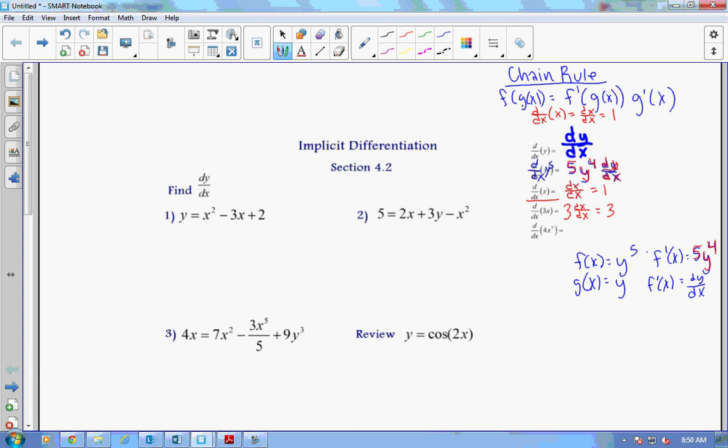Okay, now this next one I can't see. 4x to the 7th power. What's the derivative of 4x to the 7th power?